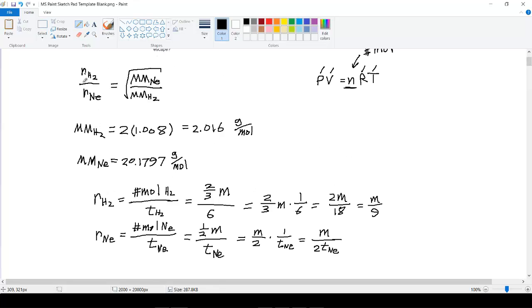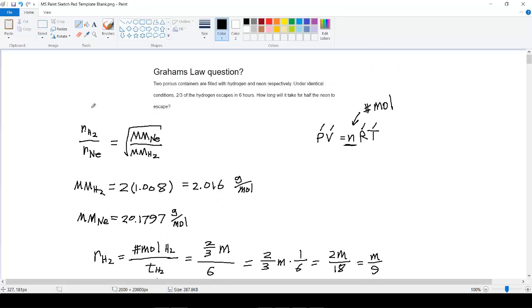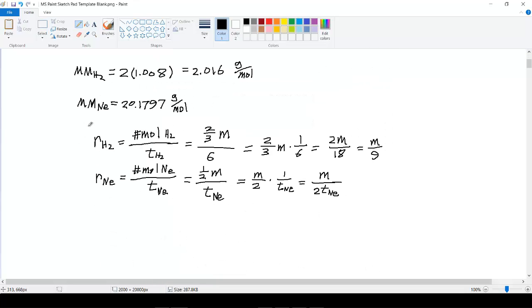Now, from our formula up here, Graham's law, we take the rate of the hydrogen divided by the rate of neon. So I'm just going to take my two answers and divide them. So it's m over 9 divided by m over 2t ne.